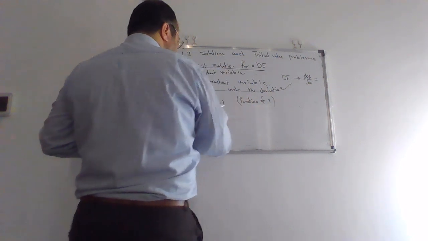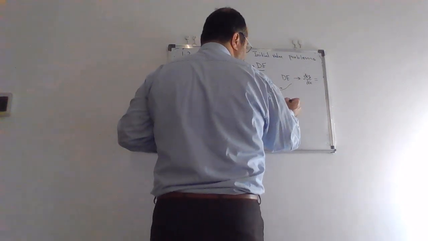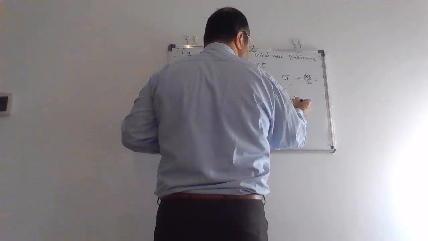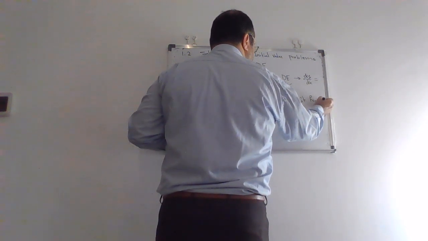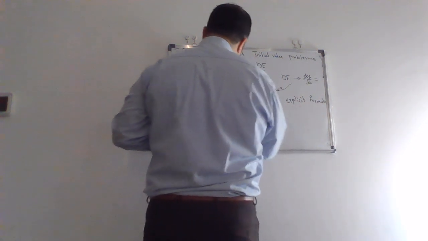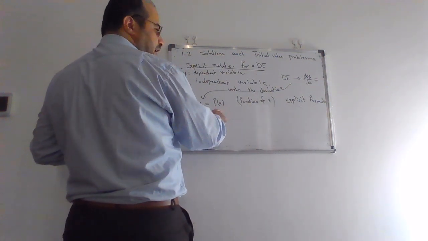This formula, y equal f of x, is called an explicit formula. We call it explicit because y is written explicitly in terms of f.